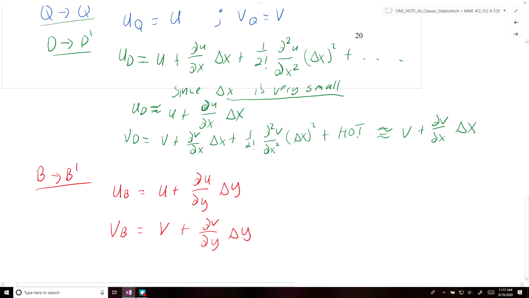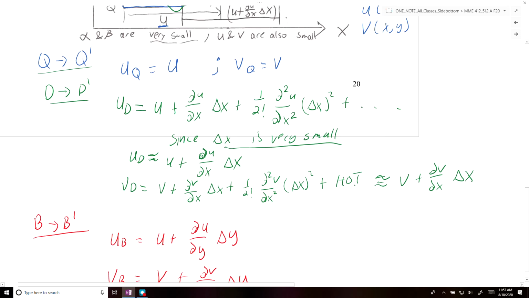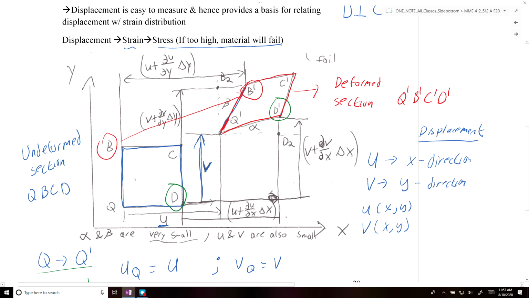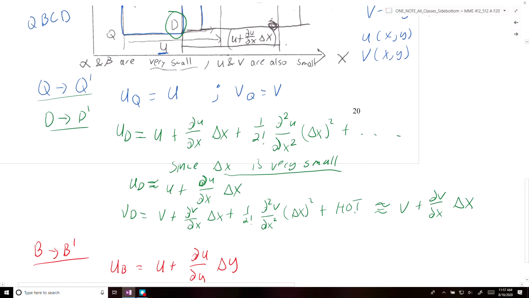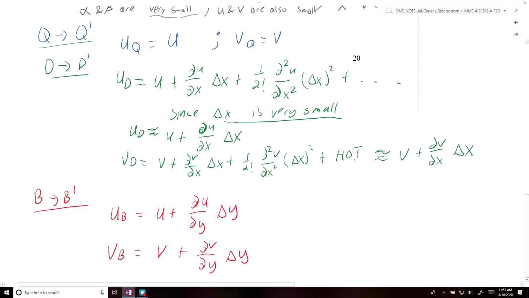Right. So now that we have all of our displacements for points b prime, q prime, and d prime, we can now define our strain.